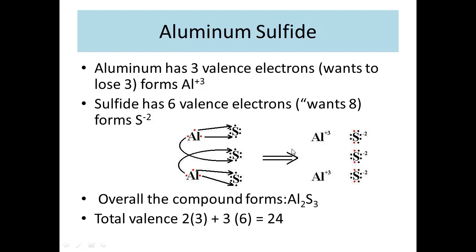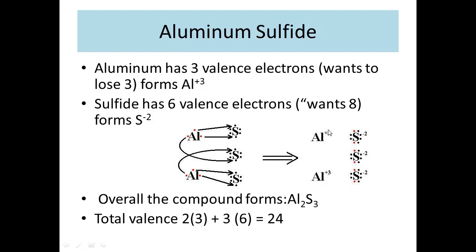But how many aluminums are there? 2. How many sulfides are there? 3. So you have a total overall compound that's Al2S3. The 2 stands for there's 2 aluminums. The 3 stands for there's 3 sulfides. What happens to the overall charge? The total charge is 0.